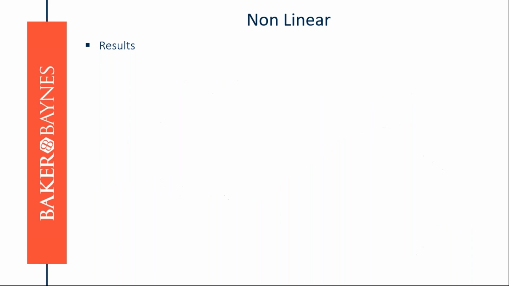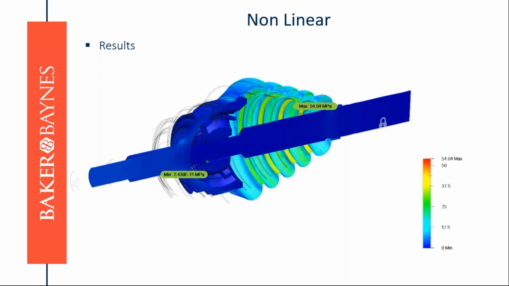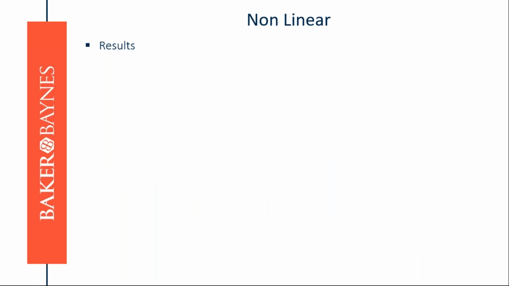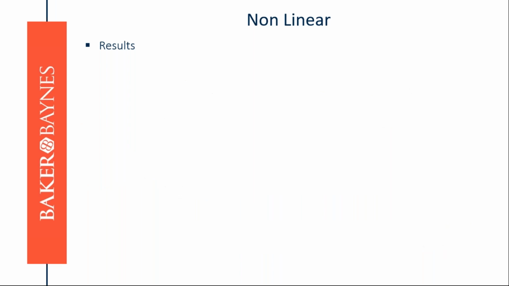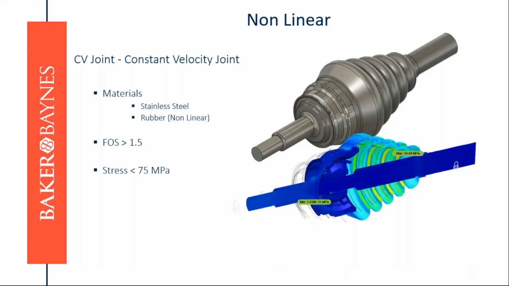1.165, right? So on our safety factor, sorry, on our stress, if we look at it, we can see what the maximum results is and what the safety factor is looking like. Now, if we look at it here, we can see that the safety factor is not great based on the results that we initially had.